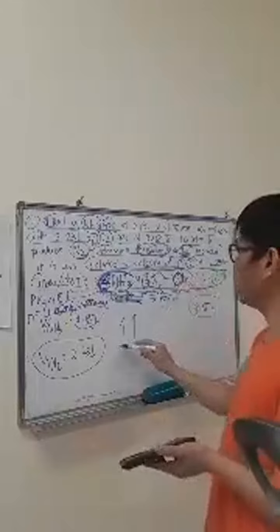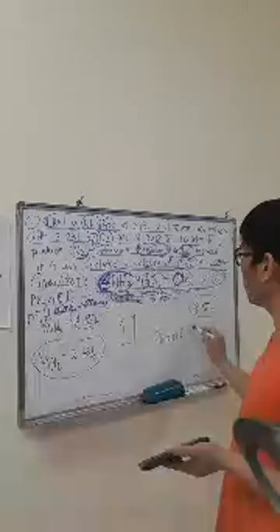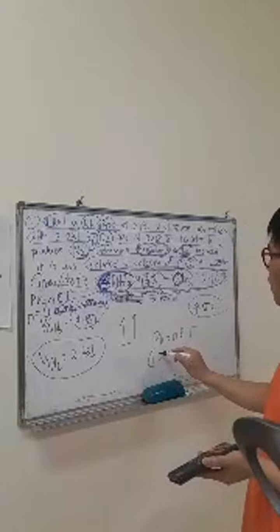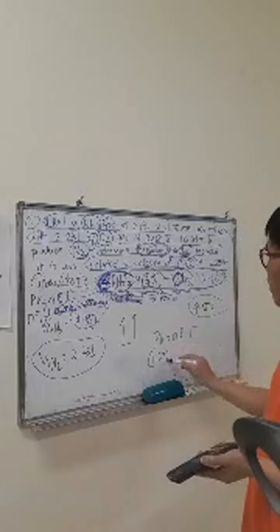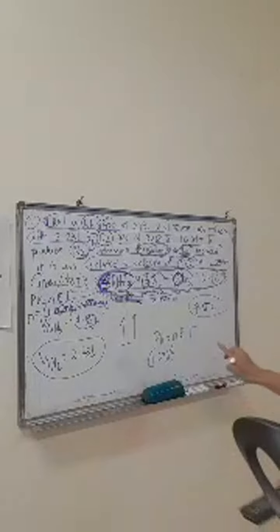Let's use this in PV = nRT. Pressure 1.52, times volume, not 4.85, 2.43, right?